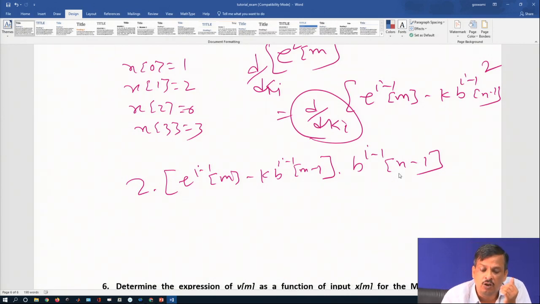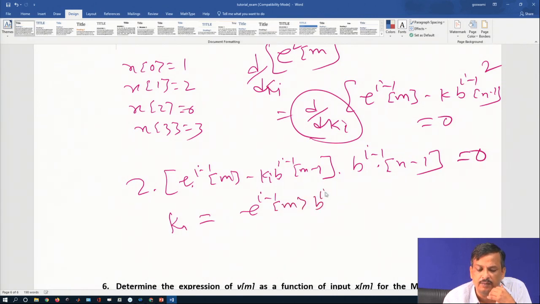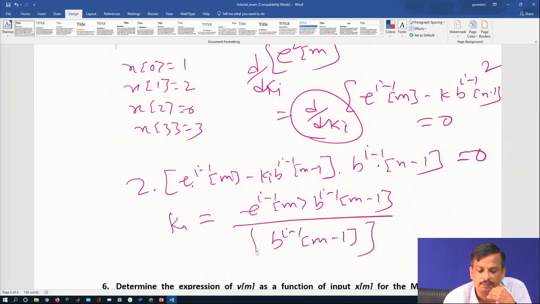So I have to differentiate the square. The square means 2 times [e_{i-1}(m) minus ki b_{i-1}(m-1)] multiplied by b_{i-1}(m-1). So, I have to set the mean square error derivative equal to 0. So, this is equal to 0. So, I can say ki, this multiplied by this and this multiplied by this, ki is equal to the sum of e_{i-1}(m) b_{i-1}(m-1) divided by the sum of b_{i-1}(m-1) whole squared.